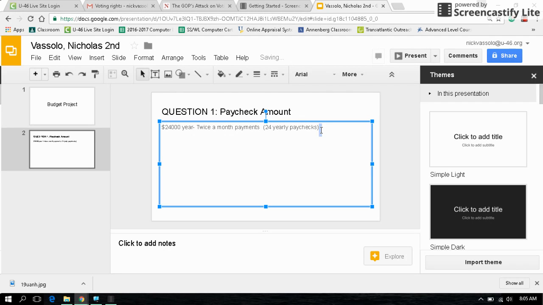So we got to figure out what our yearly salary is and what it's going to look like on our yearly paycheck. So you divide the 24,000 by 24 paychecks, and it comes out to be $1,000 a month. That's our gross paycheck amount.